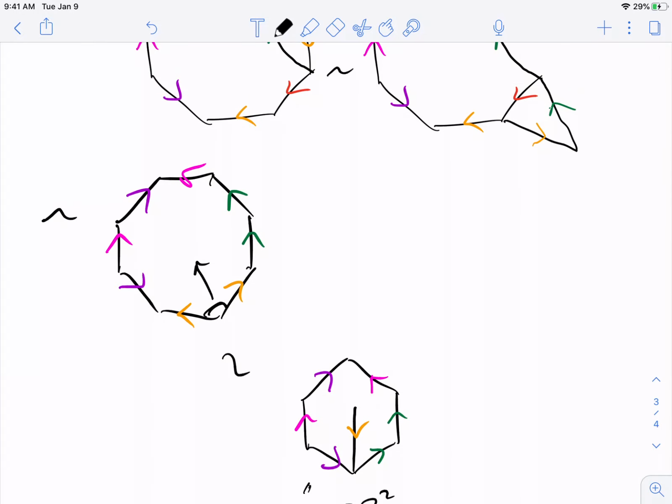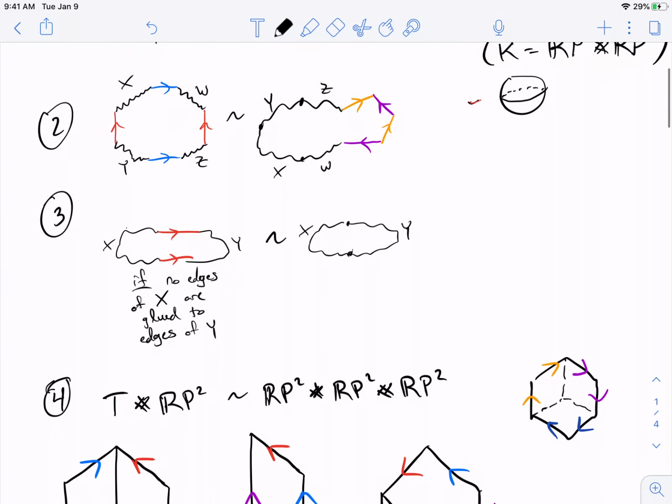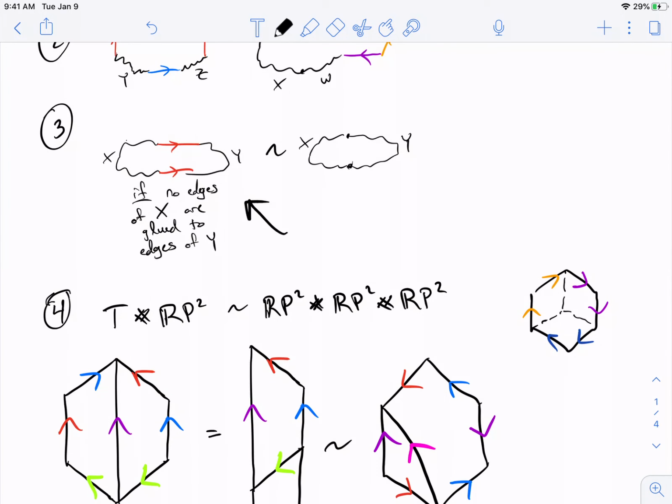Another way to deal with this last part is you can see that these are two arrows which are being glued with no twisting. And if I label this whole part as X and just label this vertex as Y, then this falls into the setting of move number 3, where I've got two edges being glued without a twist.